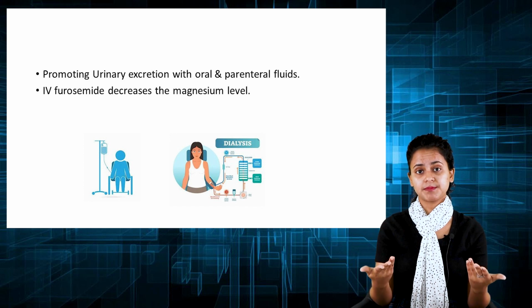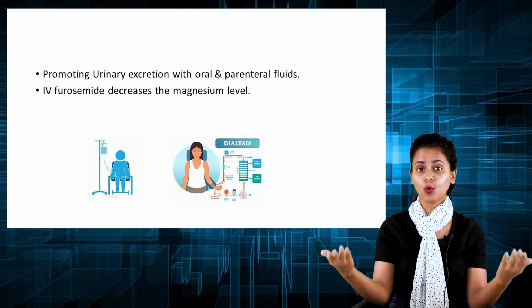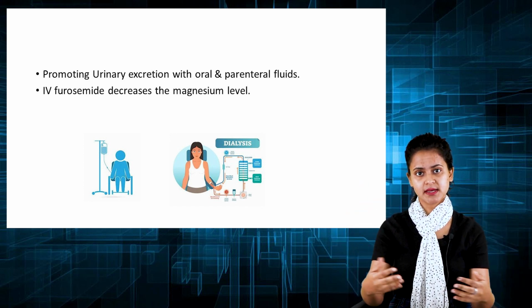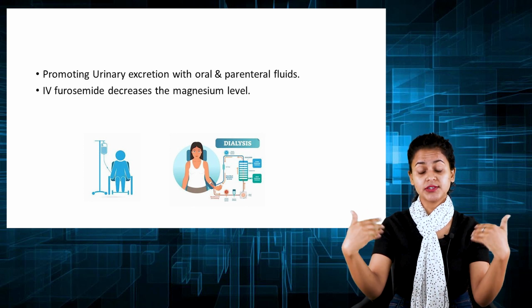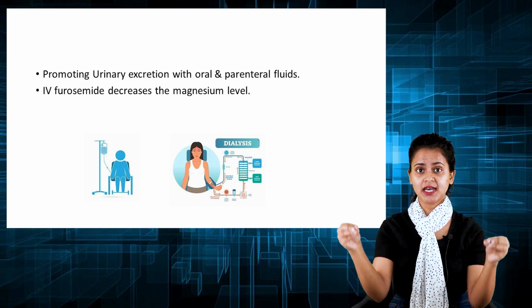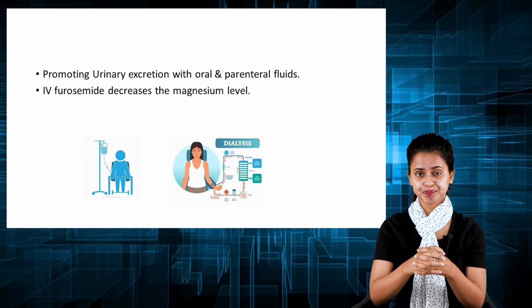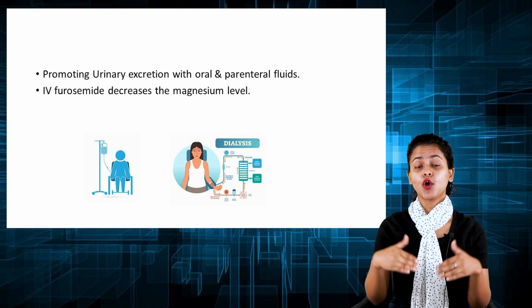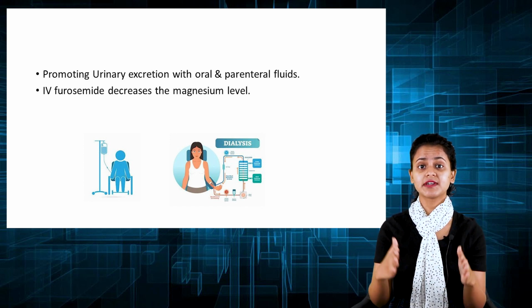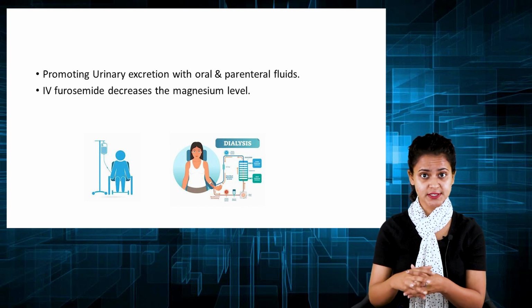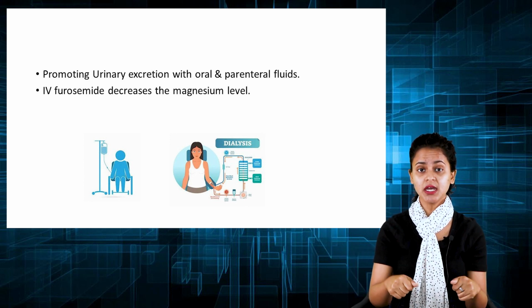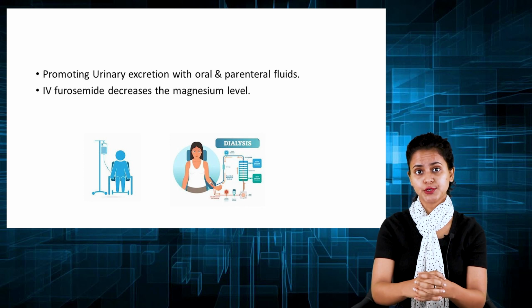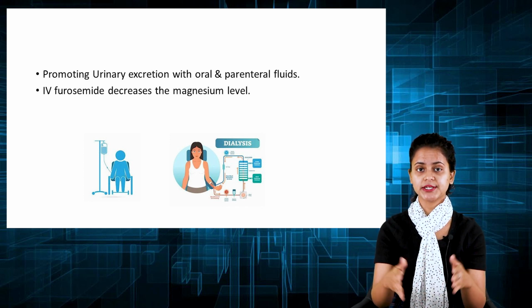Furosemide plays a very important role in excreting magnesium by increasing urinary output and the magnesium content in the urine. That is why, if a client has developed manifestations of hypermagnesemia, furosemide is often prescribed.